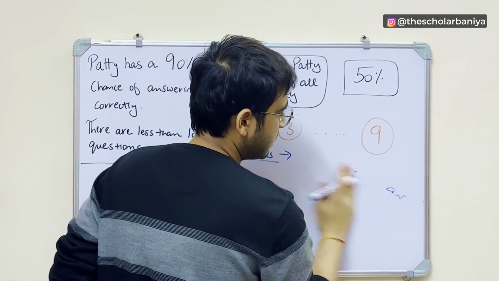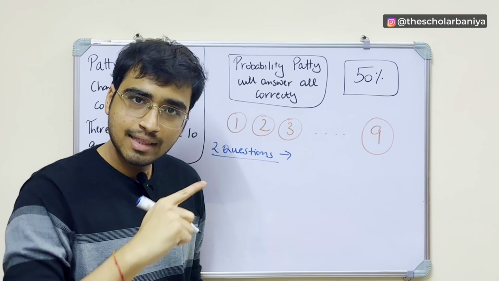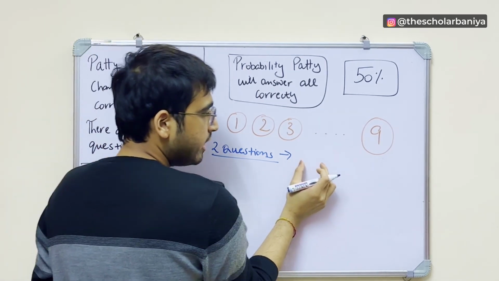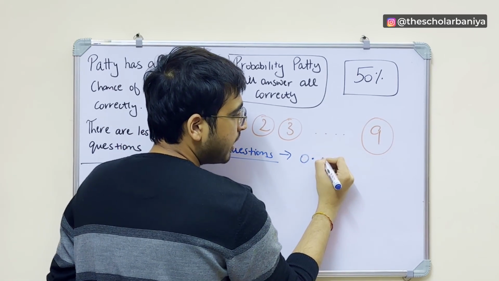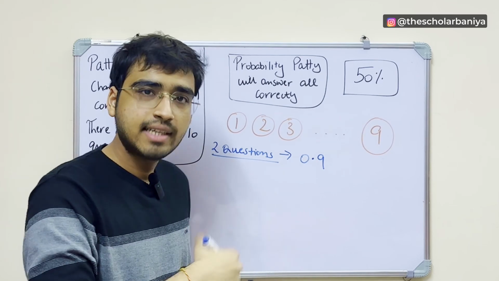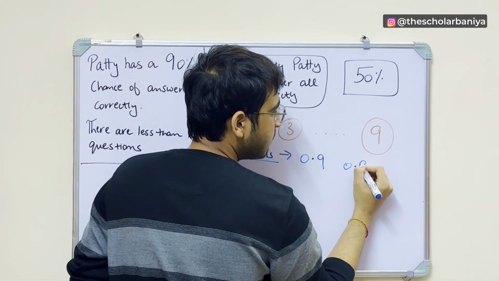I hope this makes sense. Now we know there are two questions, right? And we want that Patty answers both the questions correctly. So obviously, if she answers the first question correctly, the probability will be 0.9, right? And if she answers the second question also correctly, the probability will again be 0.9.